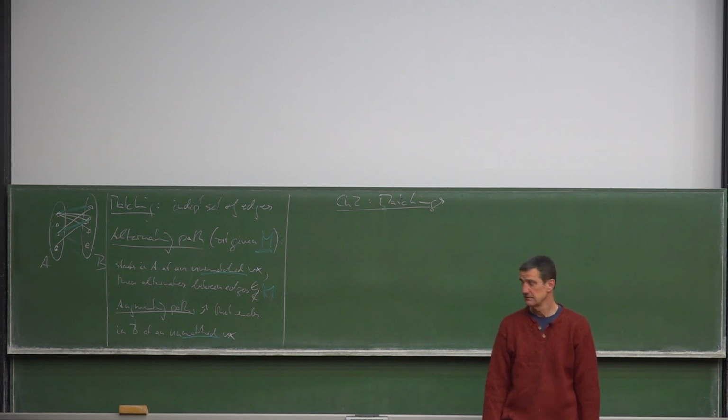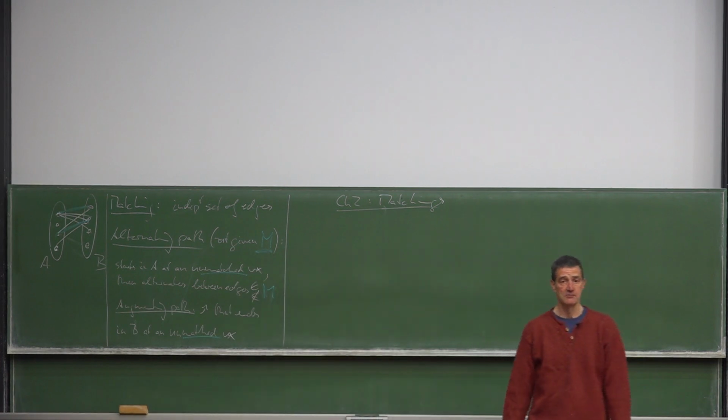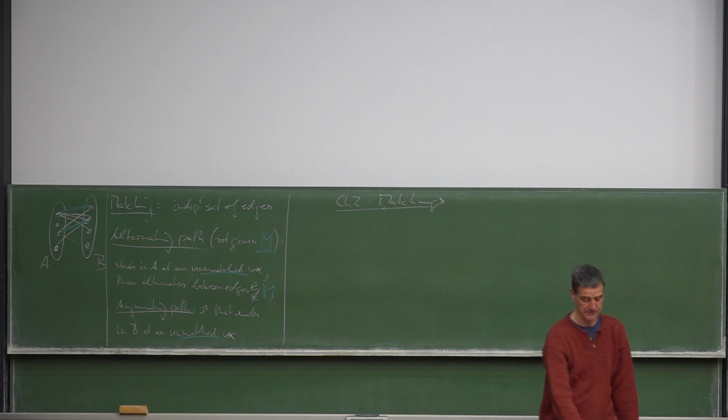And the second question is, when can we find a matching that covers all of A? So let me address the first question, the structural question. We'll do that for bipartite graphs today, and we'll do it for general graphs next time.